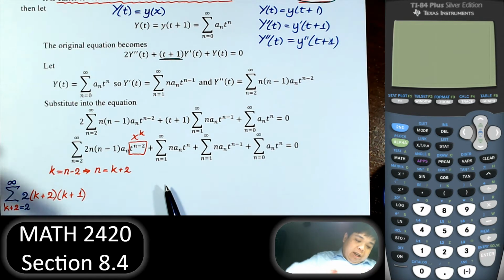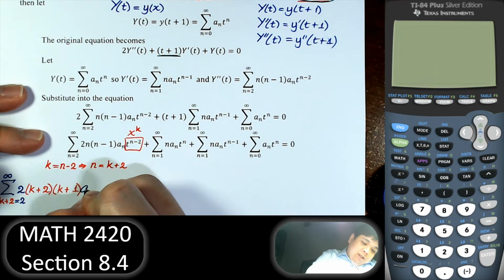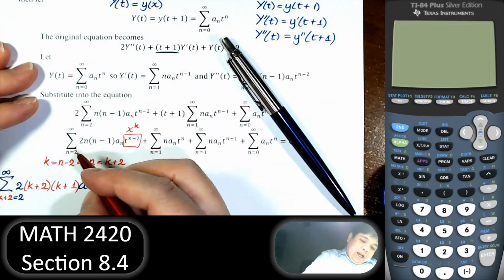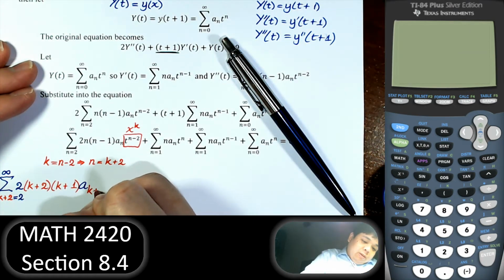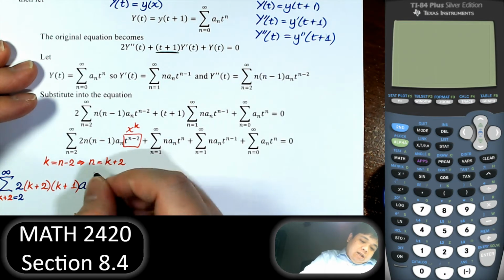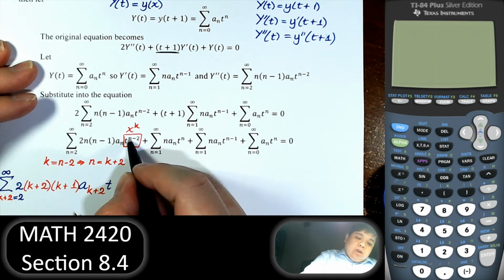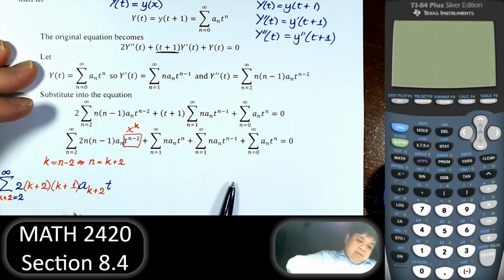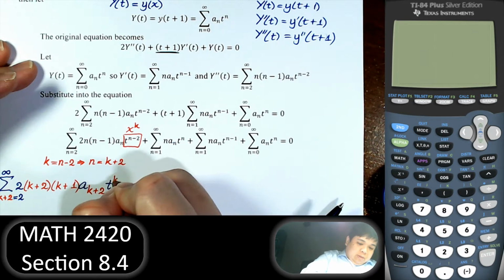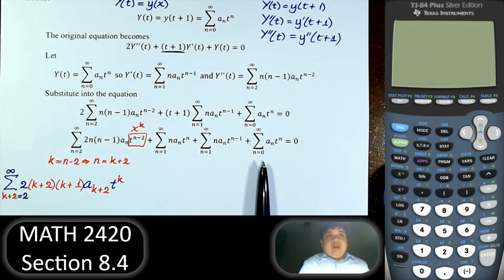And then a of n becomes a of k plus 2. And then t to the n minus 2 is going to be t to the k. So we change the index. That's exactly what we did in the previous section.